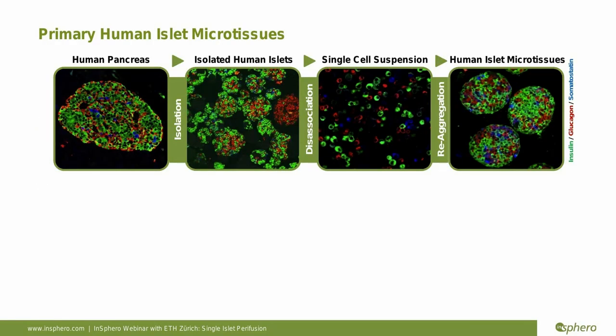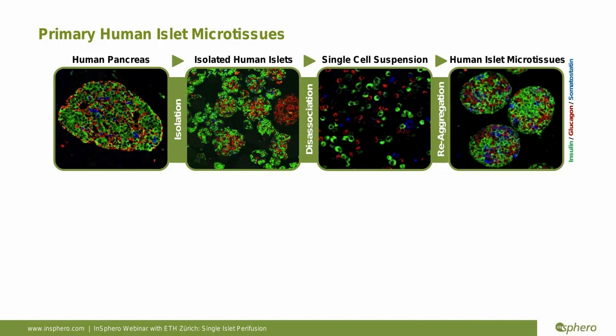So I would like to mention quickly how we addressed making this ideal islet model. We take isolated human islets coming from human pancreas. We always work with very pure preparations, generally above 85 to 90% purity.